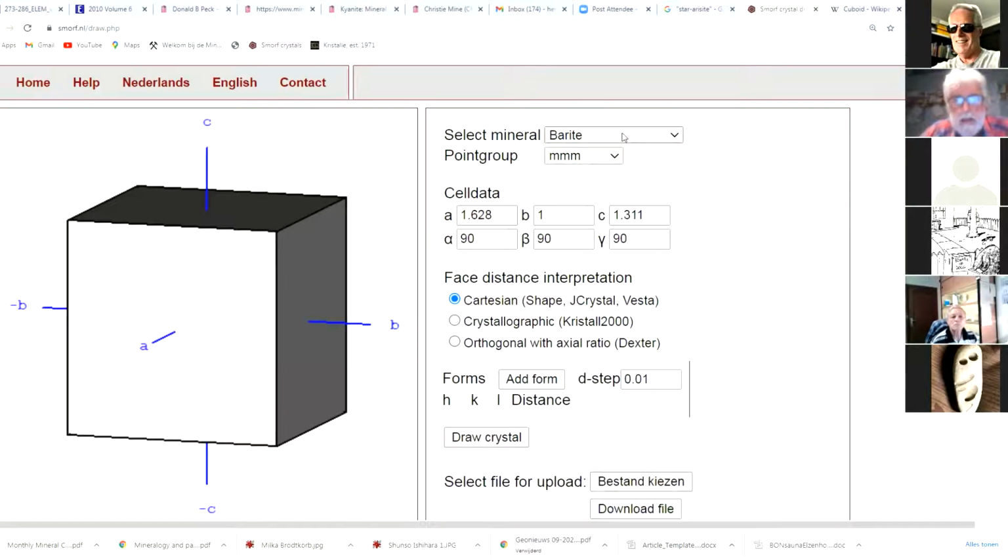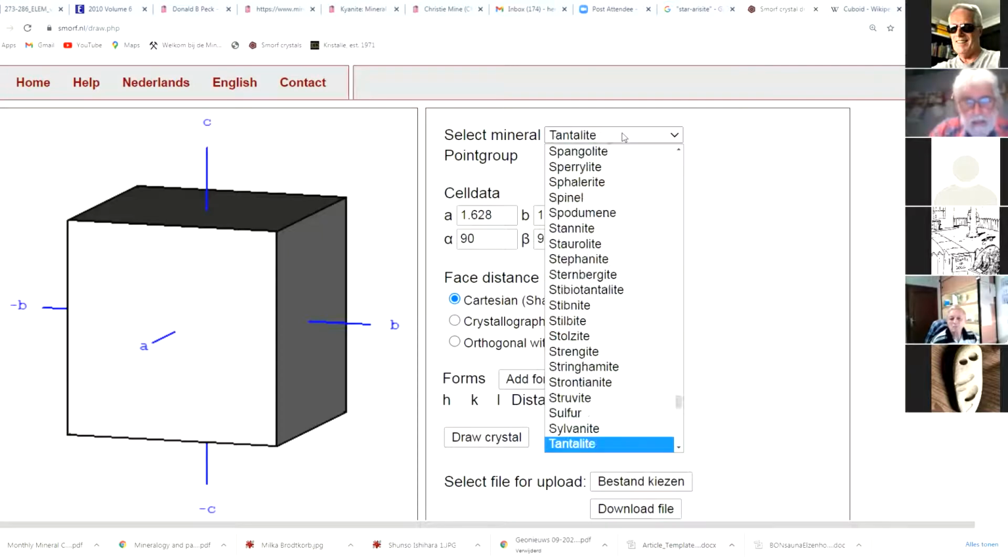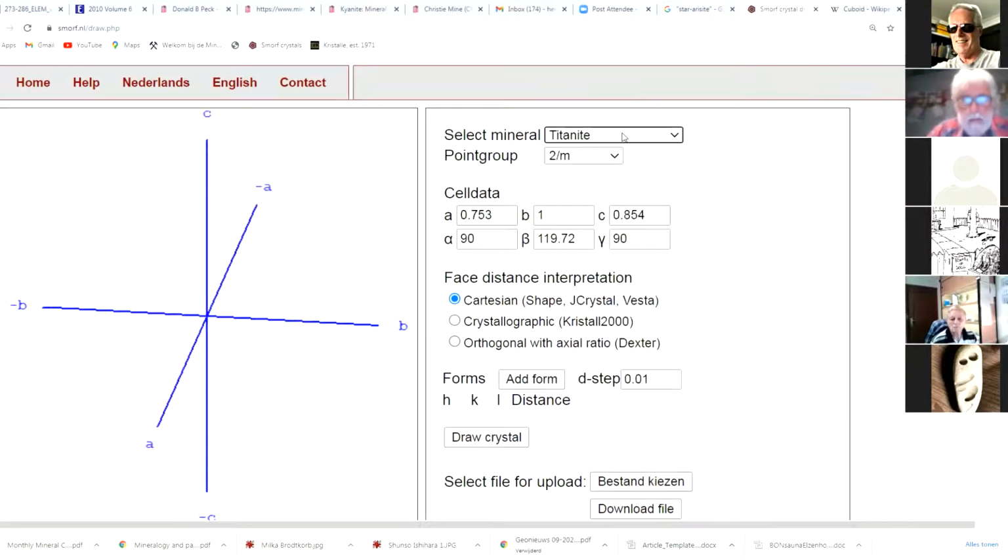Okay, and now we're going to Titanite. And in Titanite, as you will see here, the orientation of the crystallographic axes has changed. So the B axis is still perpendicular to the C axis, but the A axis is no longer perpendicular to the C axis.